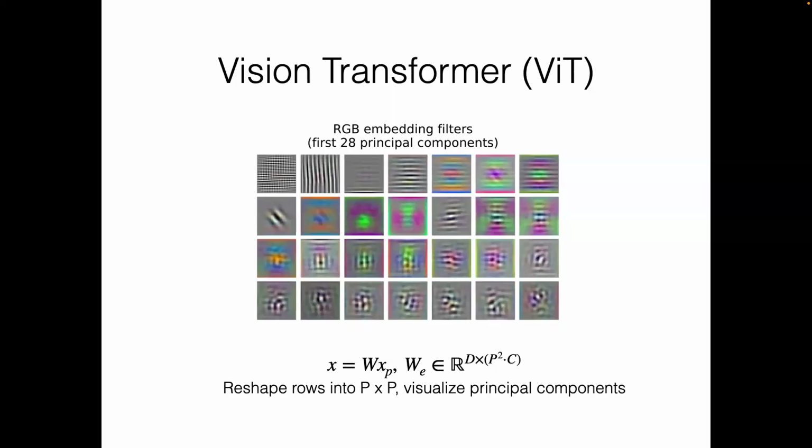And it turns out that here you can get something similar. This is looking at the matrix at the very beginning, which is basically coming up with the embedding of a given patch. What you can do is take the different rows and then visualize the principal components. And you can see that there are these directions that have been learned that correspond to different patterns, things like edges or other things here.